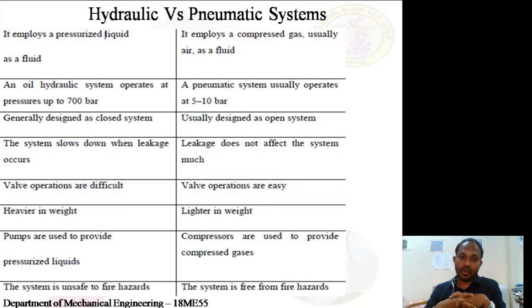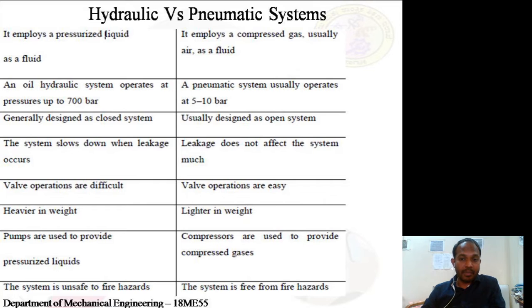The system slows down when leakage occurs. In hydraulic systems, leakages are meant to occur, however good the seals are.